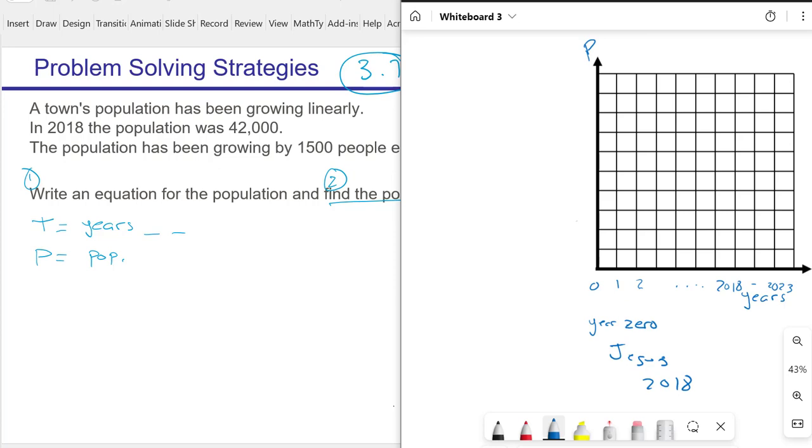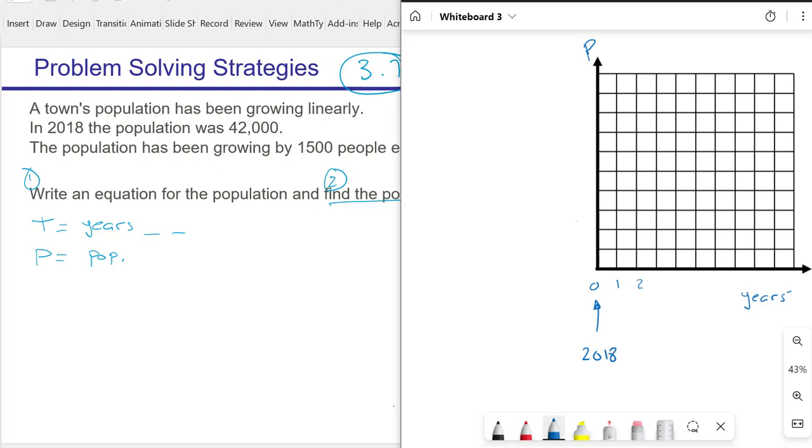What we need to do is reinterpret. We're going to do a trick here. It's a word trick, but it makes the whole thing way easier to graph. It turns out it also makes the equation easy to work as well. We're going to interpret this as 0 is my starting year, and my starting year is 2018.